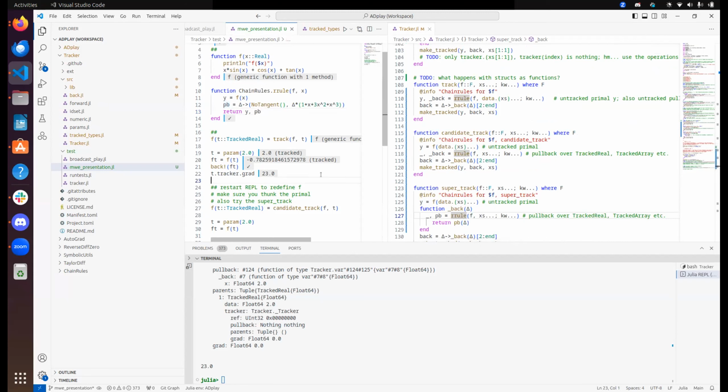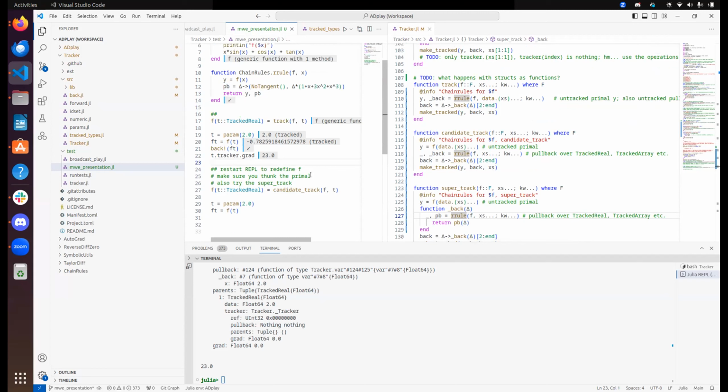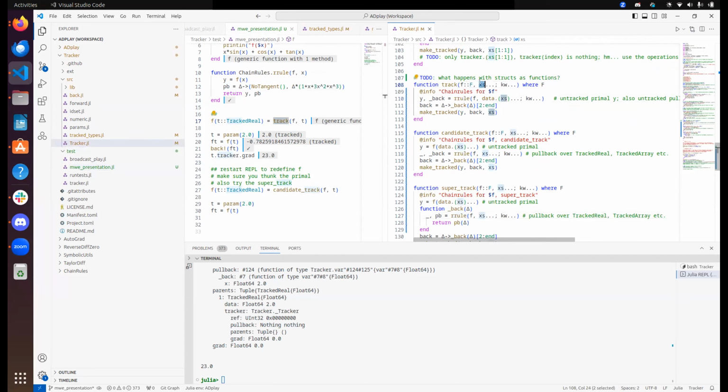Let me show you the original track method. How do we apply it? We have the function f and the argument, which is just our t here. We just have one argument, and we call the chain rules that we define here, and we apply the chain rules over the data of the tracked real, of the tracked number.